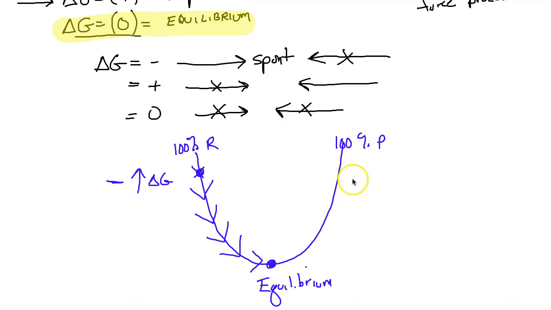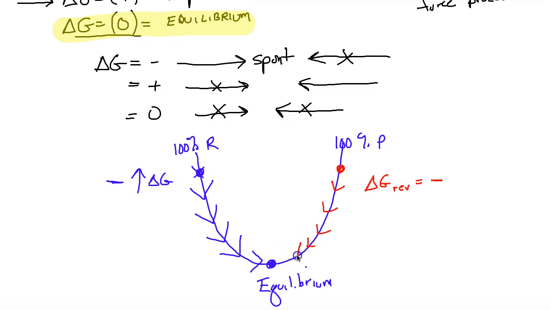If I'm in this position where I have more products than I'm supposed to have, the reaction goes in the reverse, and I'll do that with a different color, so let's make sure we understand that. If I am in this position, I have more products than I'm supposed to. The reaction is going to move in the reverse, and delta G of the reverse is negative, which means delta G of the forward is positive.